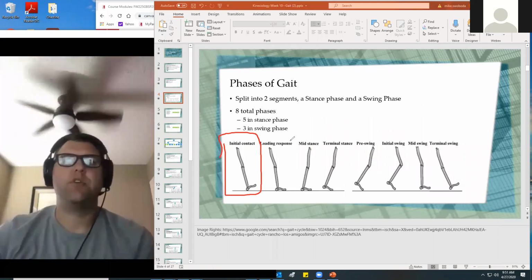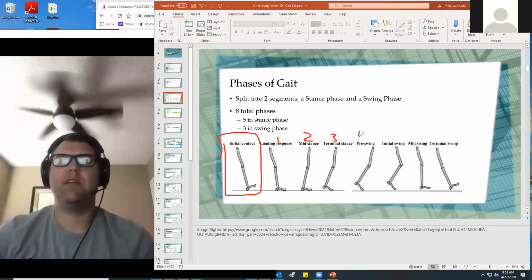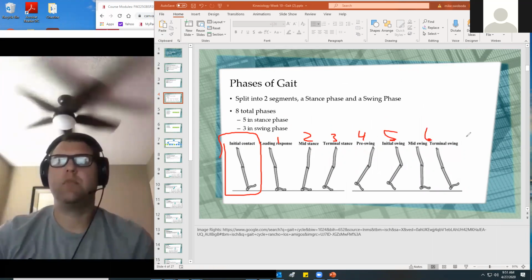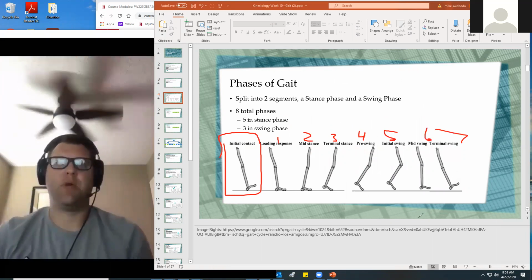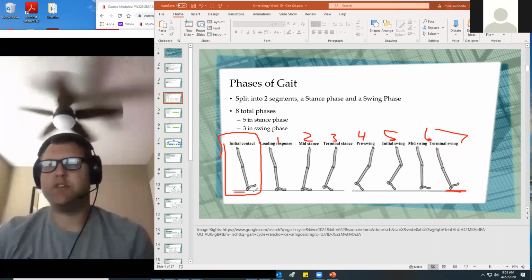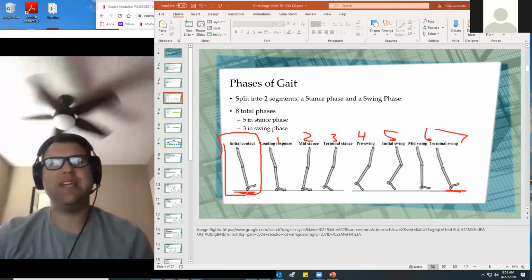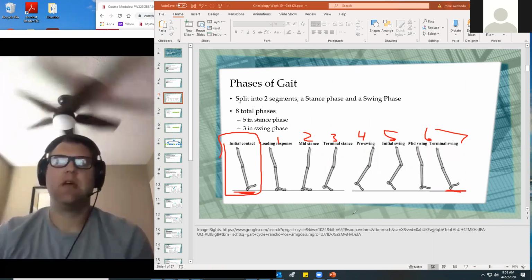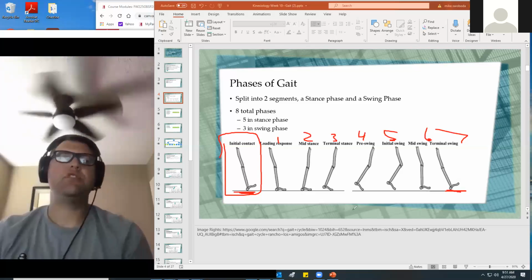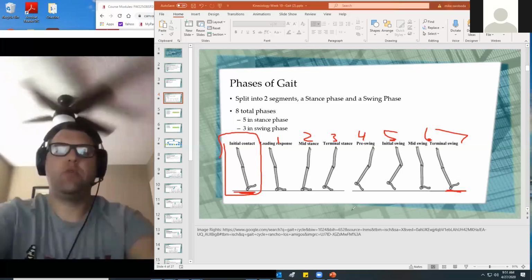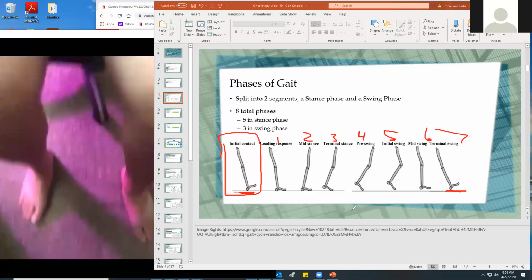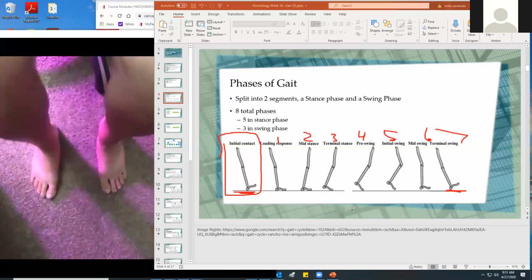So your first one will be your loading, and then your last will be your terminal swing. So you see how your terminal swing and your initial contact are really just kind of the same thing. If you start with your feet both on the ground, you're already starting in that loading response phase.